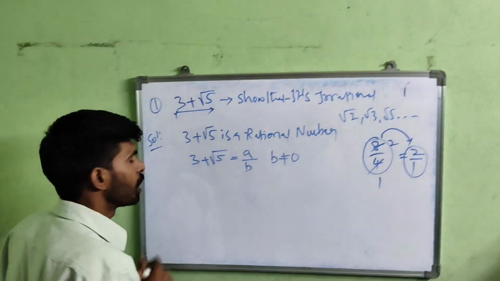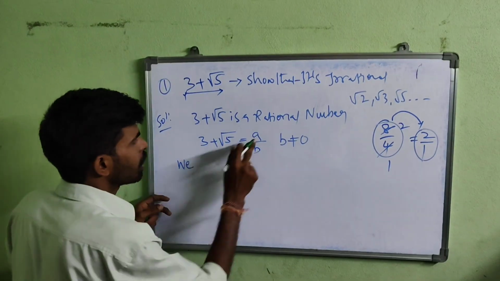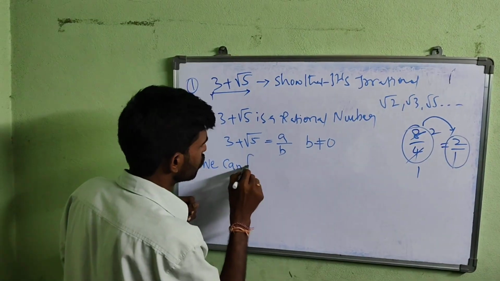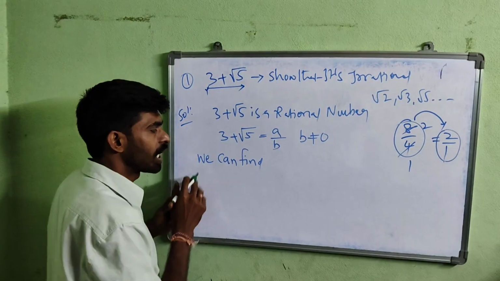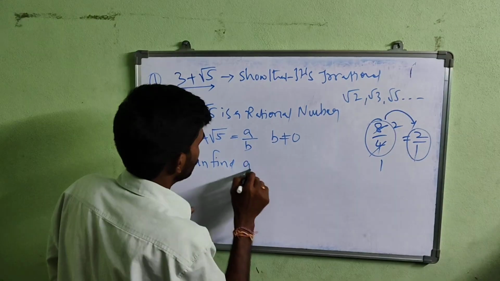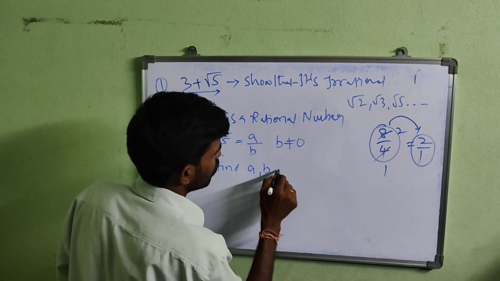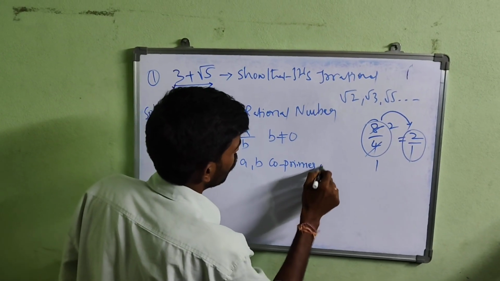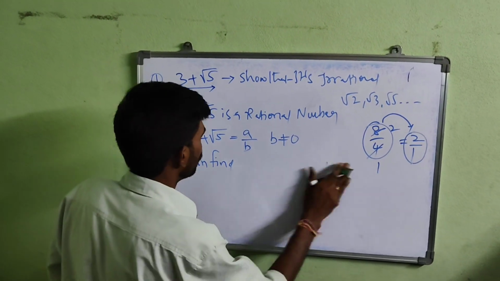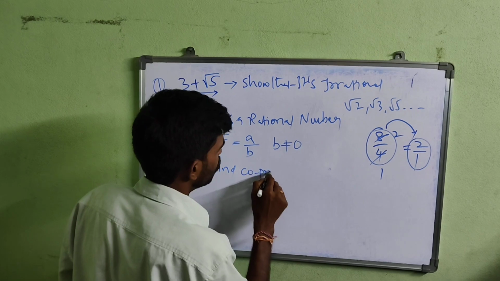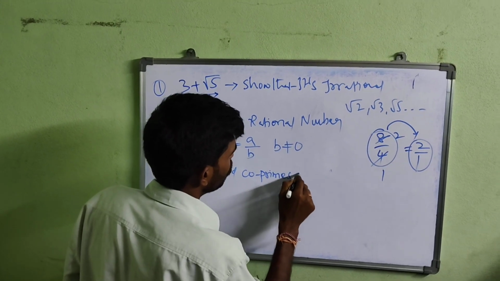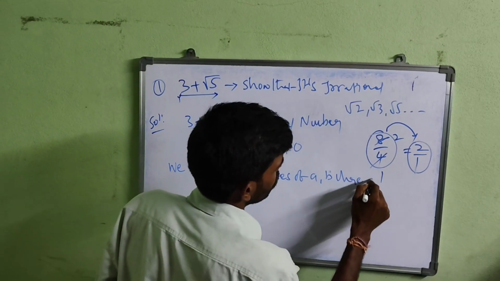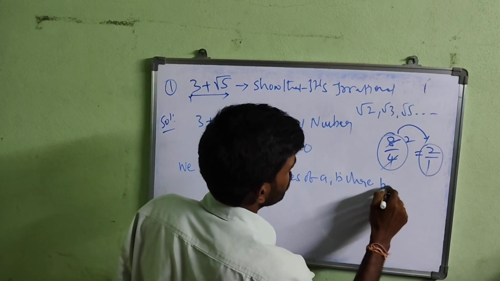For this rational number, we need to write the statements. We can find a, b as co-primes, where b is not equal to 0.